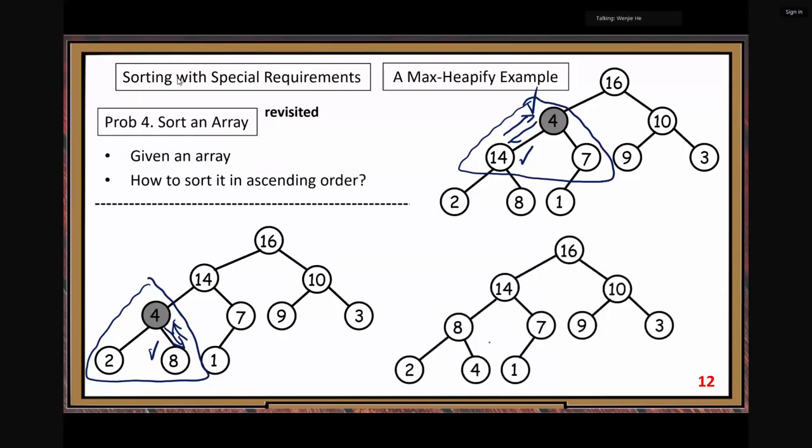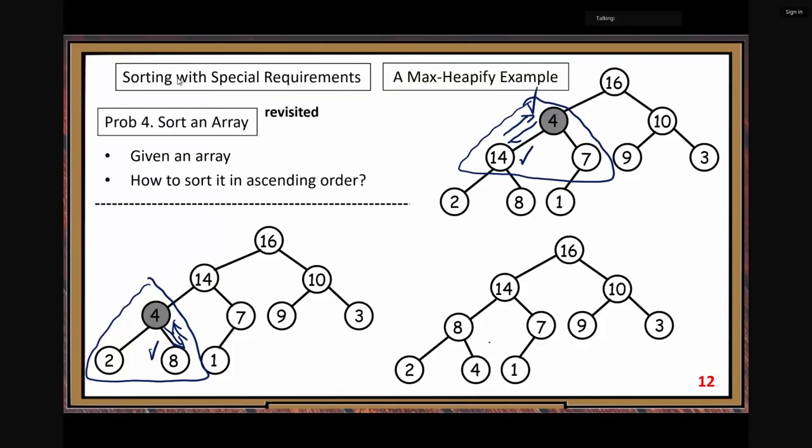When this dirty node hits the bottom, then there is nothing to worry about, right? So when a dirty node hits the bottom, it becomes a clean node. It's not dirty anymore. So we fix it. We follow that dirty node all the way down to the bottom level.